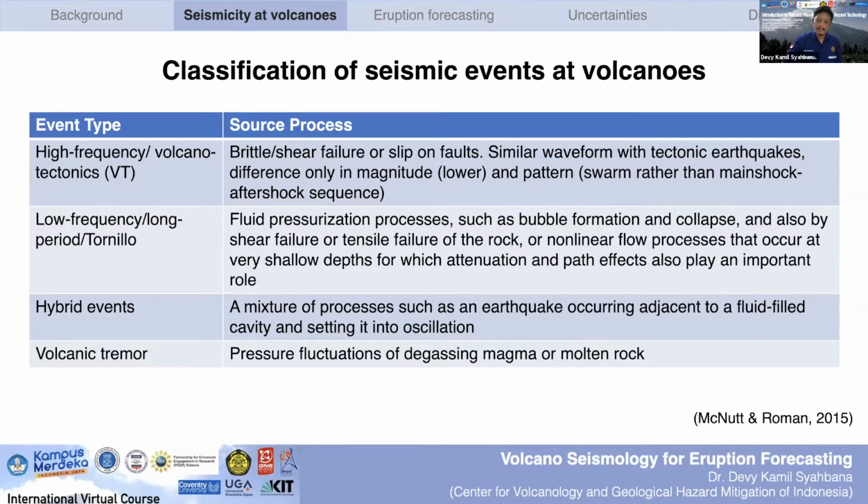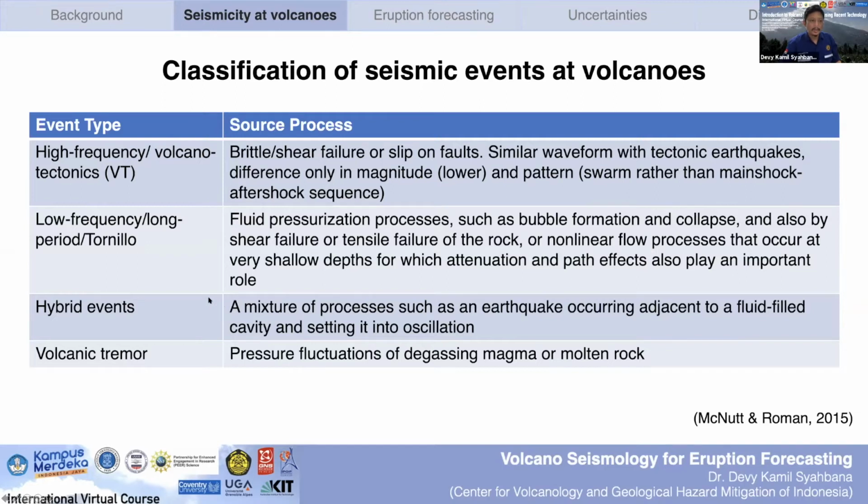But prior to a large eruption, you may have magnitudes above 3. Another difference is the pattern. In tectonic earthquakes, you have a main shock and aftershock sequence, but in volcanic areas you mostly have swarms, without a main shock and aftershock sequence. You have an irregularly increasing and decreasing pattern of amplitude.